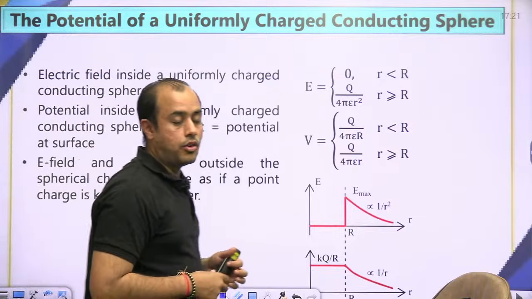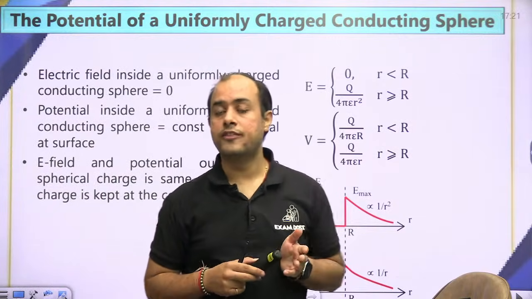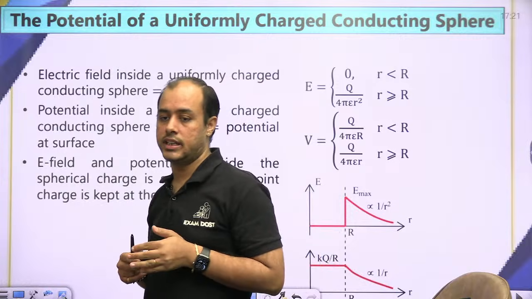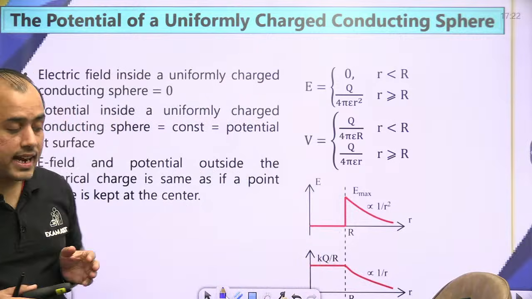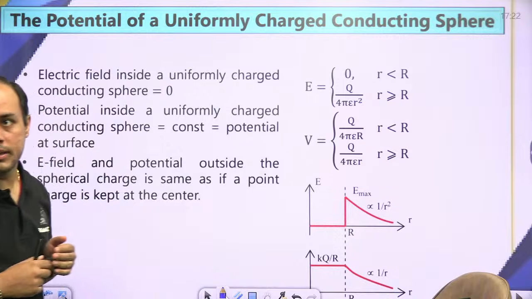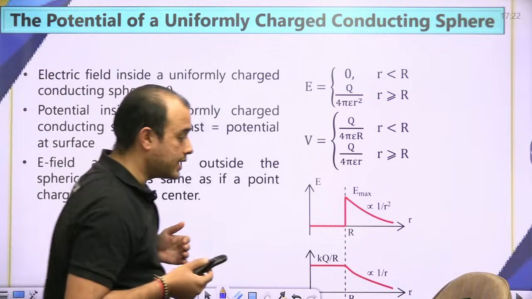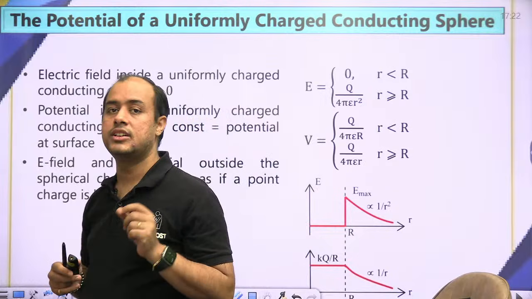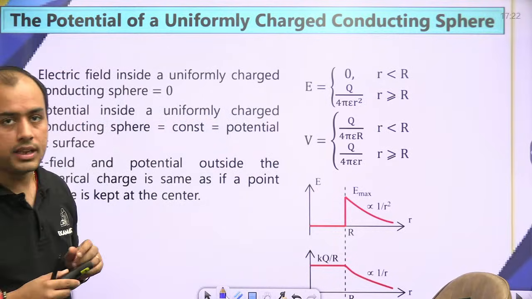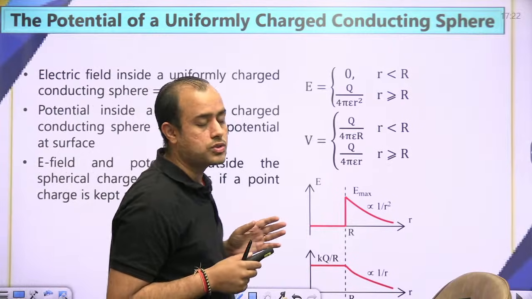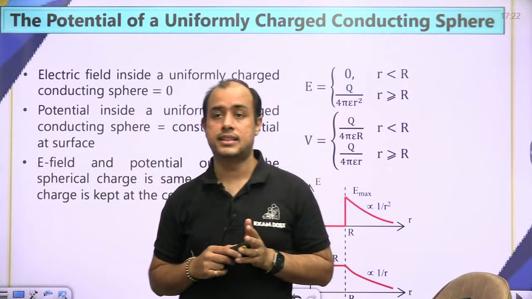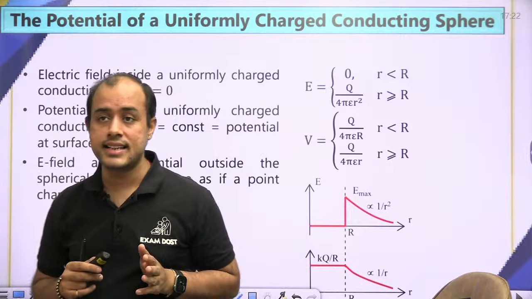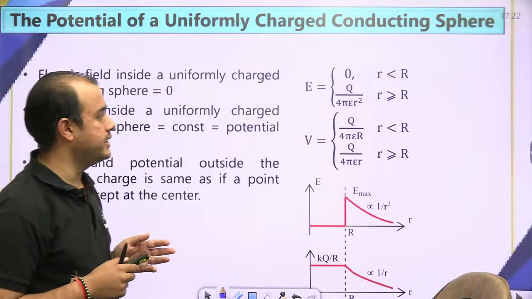Next, beta, what is the potential of a uniformly charged conducting sphere? Now, what do we understand when we talk about a uniformly charged sphere? The conductor always has a charge on the surface, not inside the volume. कंडक्टर का चार्ज हमेशा उसकी सतह पे रहता है, उसके अंदर नहीं रहता. Because of which charge enclosed inside the sphere is zero.